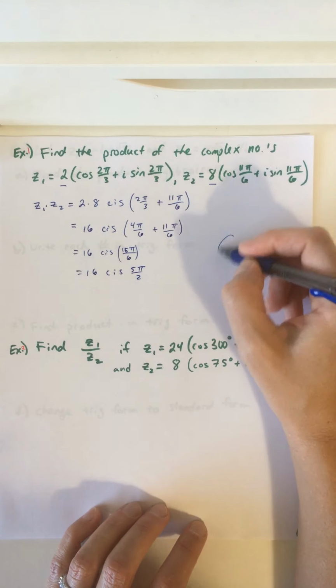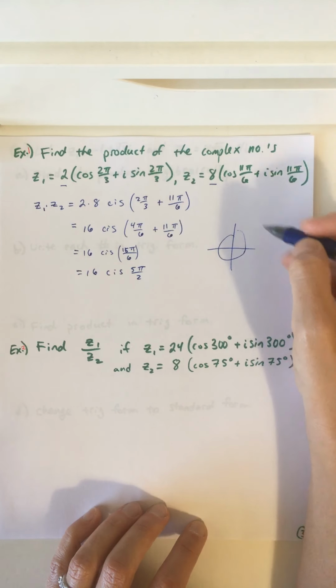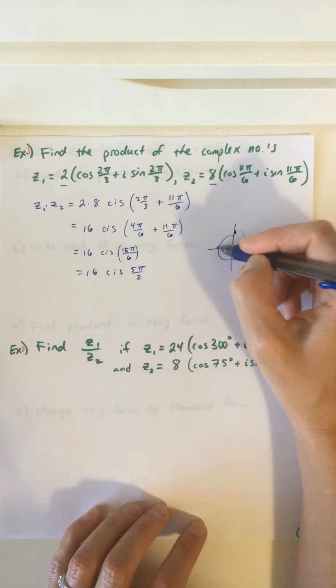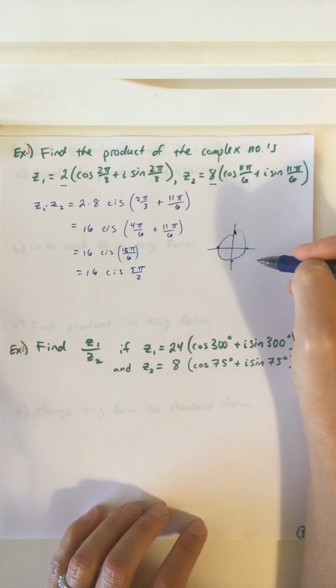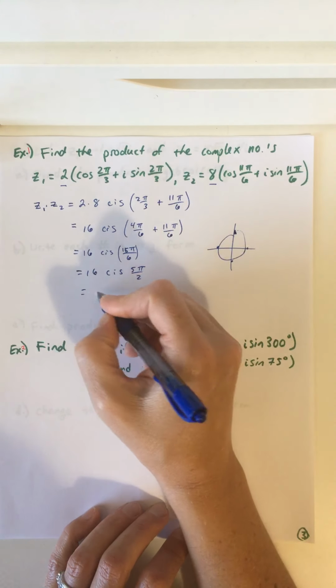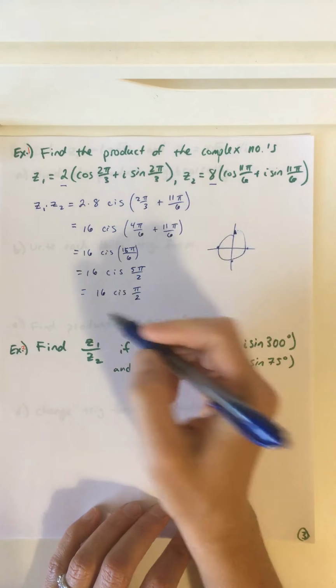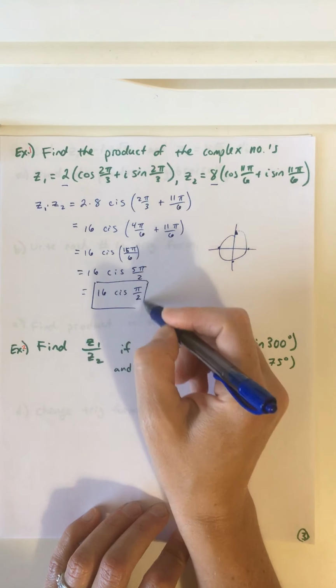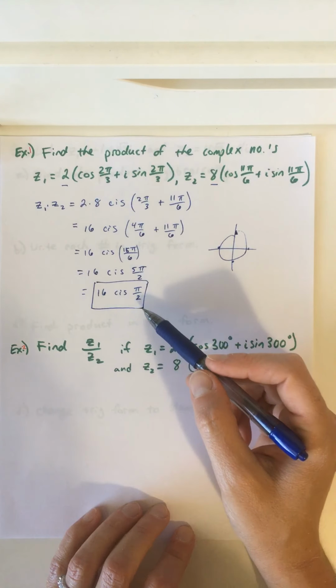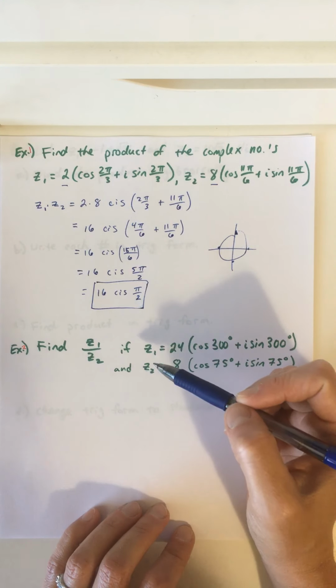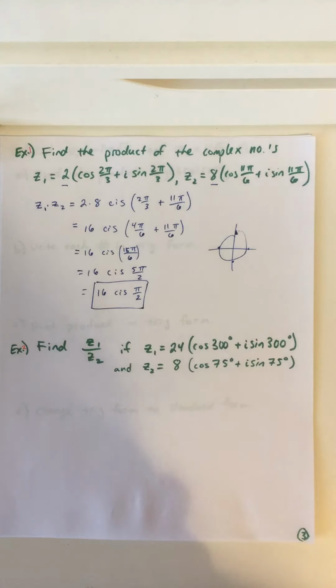And if we think about 5 halves on the unit circle, I know this is 1/2 pi, so this would be 2 halves, 3 halves, 4 halves. 5 halves is coterminal with 1/2 pi. 16 cis pi halves. If the directions ask you to leave your answer in trig form, you can leave it just like this. Otherwise, you can simplify to put it back in standard form.